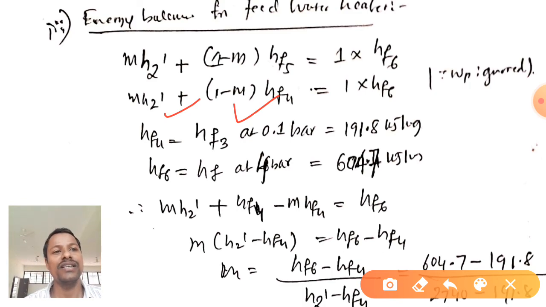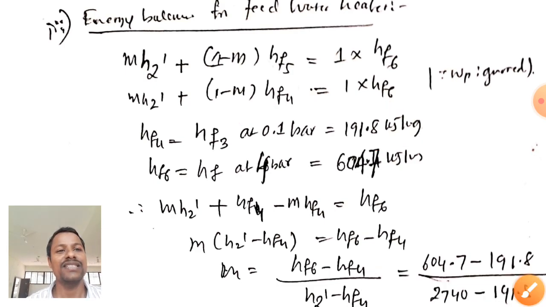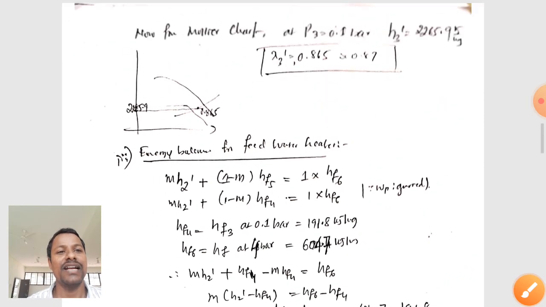Now from the steam table, HF value at 0.1 bar is 191.8 kilojoule per kg, and again HF6 is HF at 4 bar pressure.